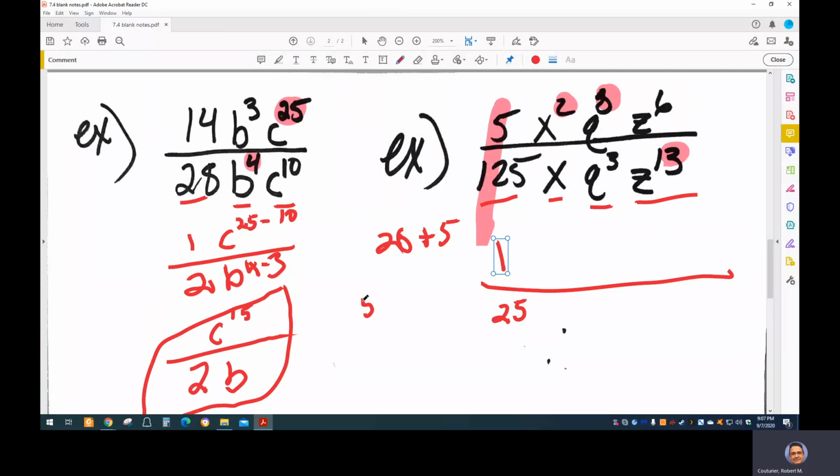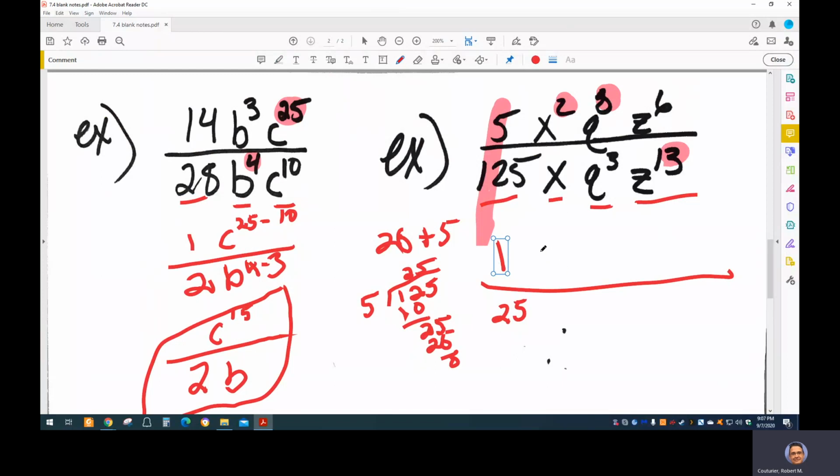Remember, if you didn't have a calculator, you could have done it the old-fashioned way. 5 goes into 12 2 times, which is 10. 5 goes into 25 5 times with no remainder, and you're good to go. See, that's how, if you really have to do it, that's fine. If it's just a day with no calculator, do whichever way works for you, okay?